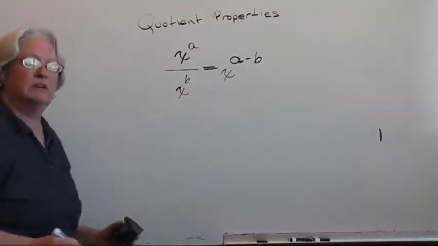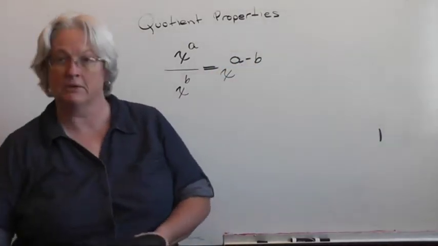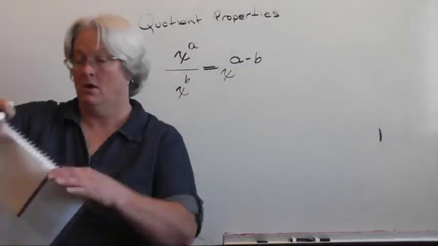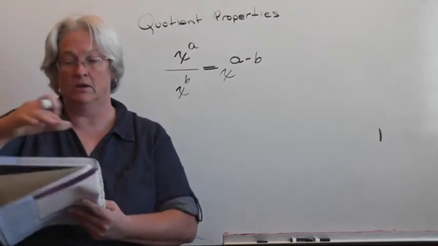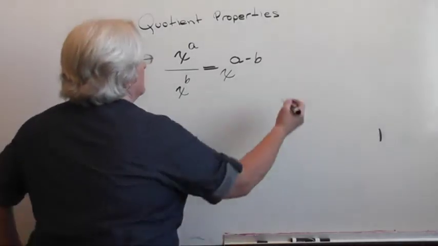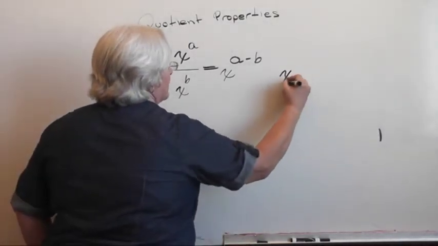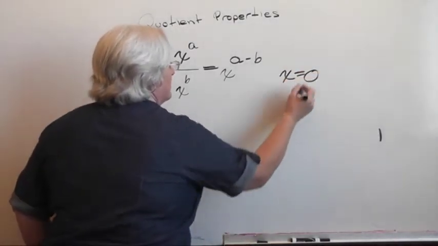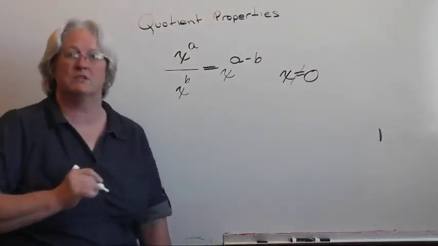And there's also a condition that goes along with this. There's some time that this problem would cause us some difficulty. Now what happens? Well, this is not one that you'd even really think about, but here we have to say x has to be different from 0.